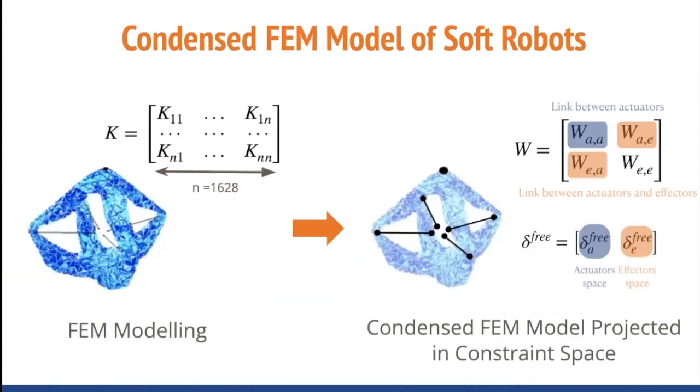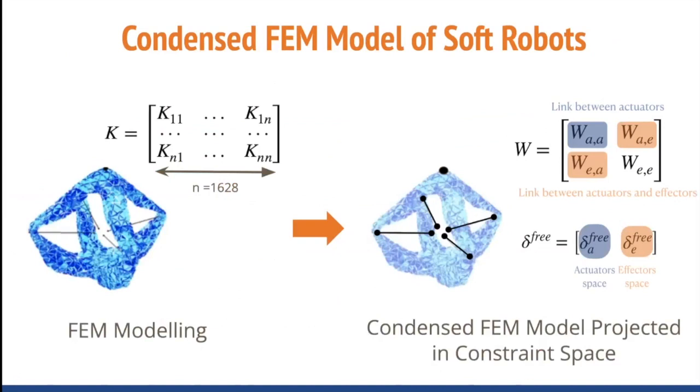We now introduce the condensed model of a soft robot, with the example of a parallel soft robot named the diamond robot. With the finite element method, the robot is characterized by a matrix of 3D nodes positions. In the example of the diamond, there are 4,884 degrees of freedom.